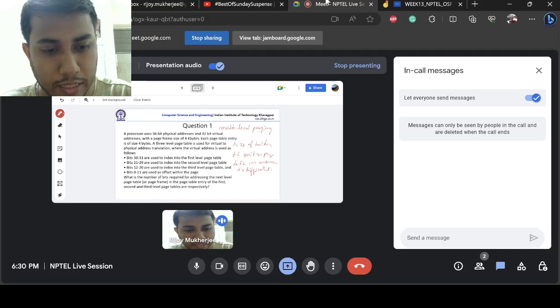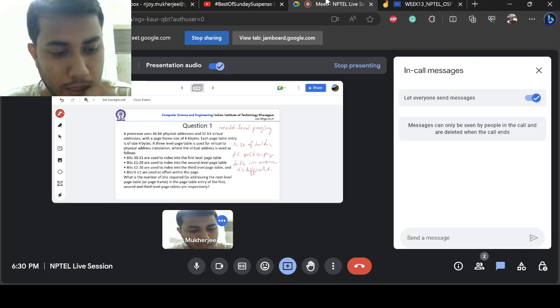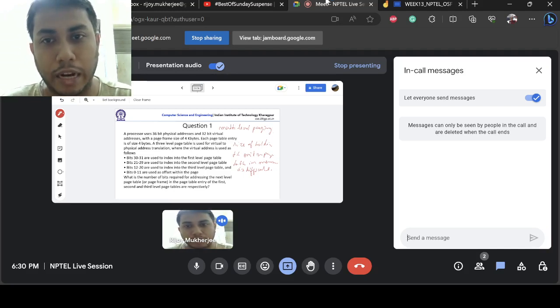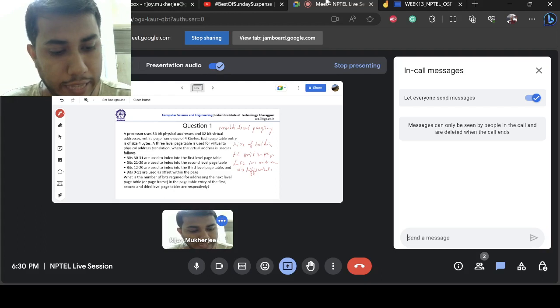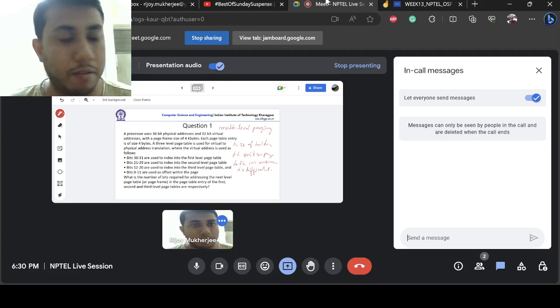So we have seen the scenario that it is difficult to keep the entire page table in the main memory. That's one of the reasons that we use a multi-level page table.